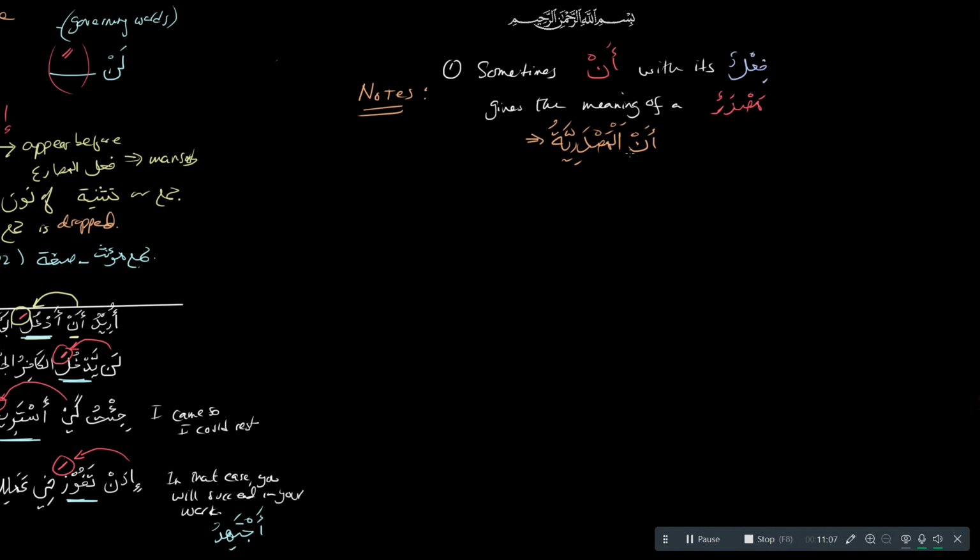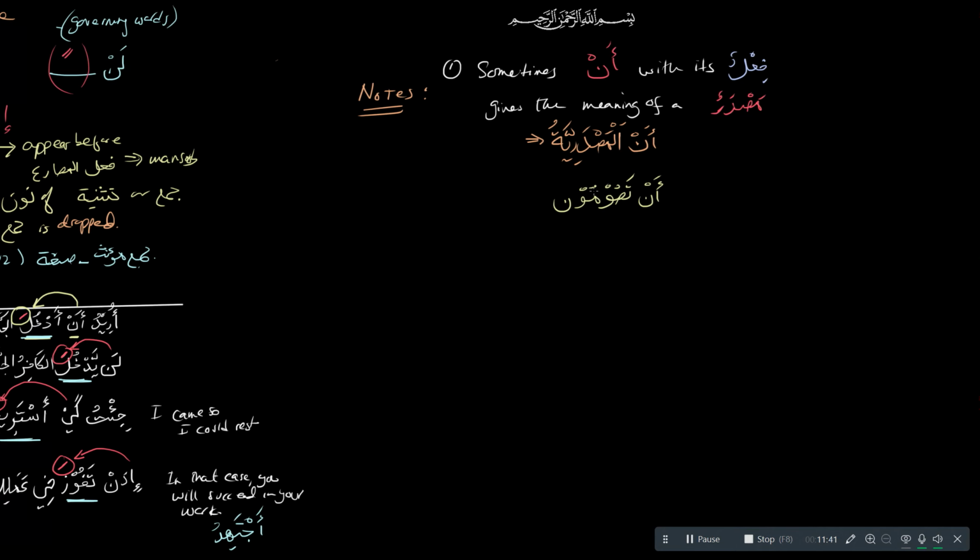Okay, so I will write an example here. An tasumu khayrun lakum. This is a very important example from the Quran. An tasumu. If you fast, plural. An tasumuna, oh, there's no noon. See, I made a mistake over there.